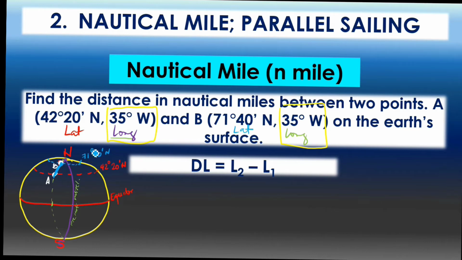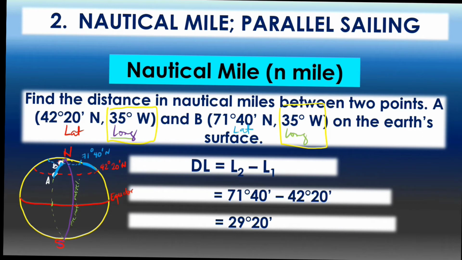The 71 degrees 40 minutes minus 42 degrees 20 minutes. And then by getting the difference, you can just use your calculator. So the answer is 29 degrees and 20 minutes. Okay, that is for the difference in latitude.